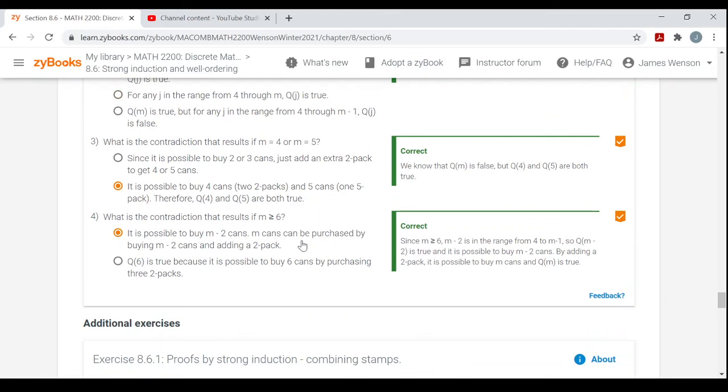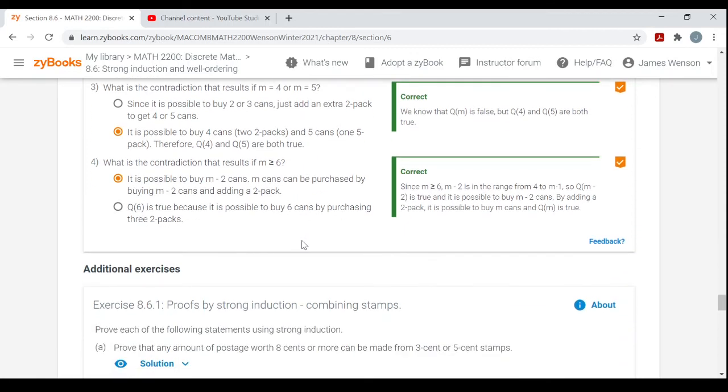All right, so a lot going on here. And I would say, learn your strong induction principle. Again, you're going to have to play around to figure out how many base cases are necessary. And then you have your strong induction inductive step, where you're assuming that every value from your lowest base case value up to k makes the statement true, and then you're showing that the statement is true for k plus 1.